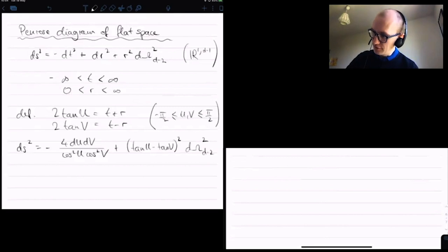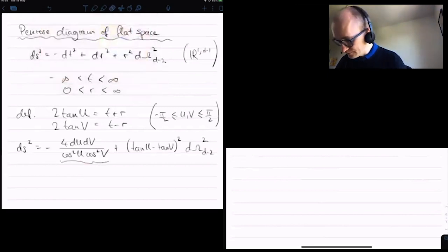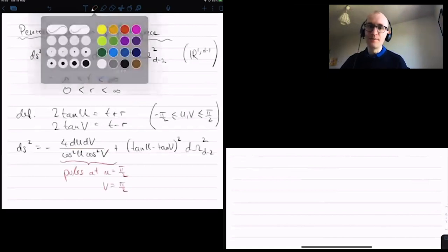But maybe we note, let's have a warning sign here already, in red: there are poles at u equal to pi over 2 and v equal to pi over 2. However, this is really not to worry about in many ways.